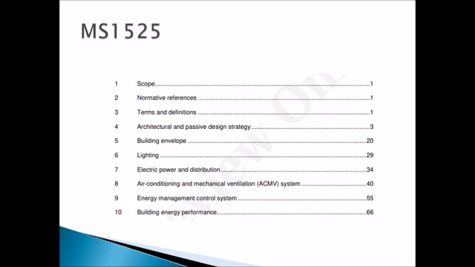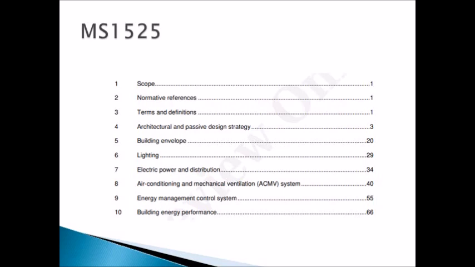Simulation is used in a way that needs to be explained here. First, this document mainly uses prescriptive specification so that the buildings meet the energy standard. For example, in building envelope, if you remember, MS-1525 talked about achieving a maximum OTTV, overall thermal transfer value of the envelope, of not more than 50 watts per square meter.